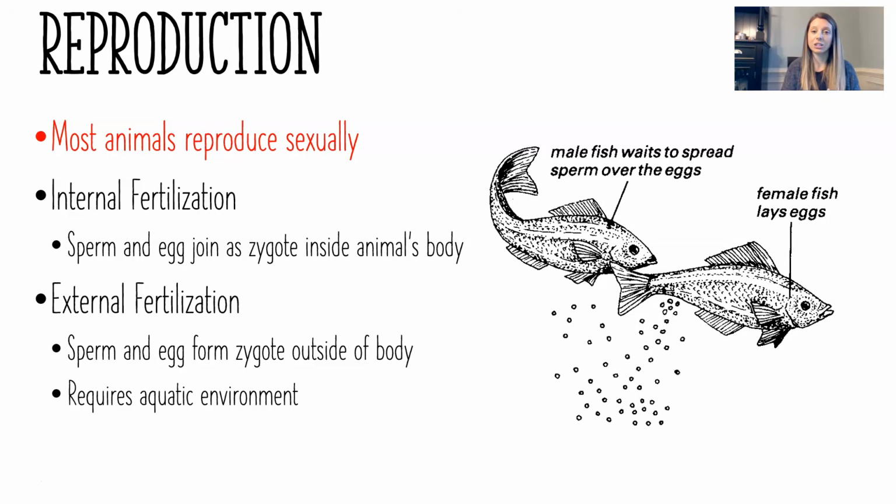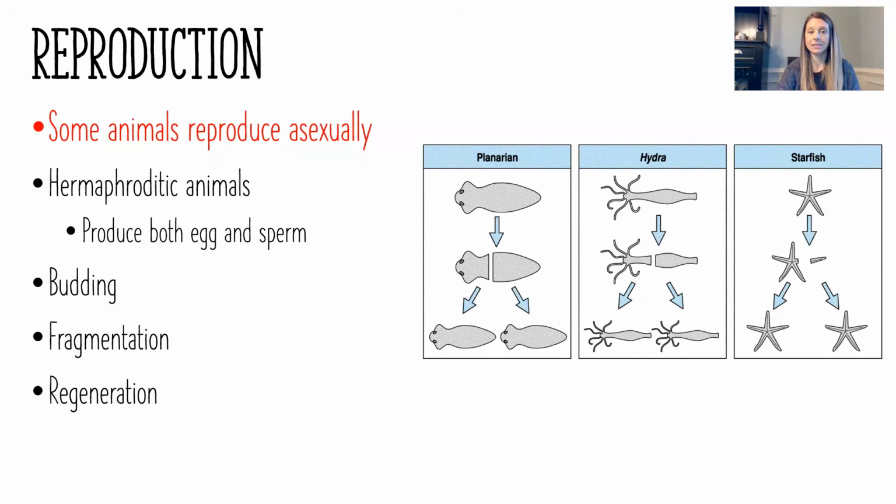External fertilization, and you're going to hear me use these terms a lot, so it's important that you understand what they mean, is like what's happening in this picture, where the female releases the eggs into water, and then the male releases the sperm into the water as well. So the sperm and the egg form the zygote outside of the body. This only happens in animals that either live in the water or lay their eggs specifically in the water, but it does require some sort of aquatic environment.